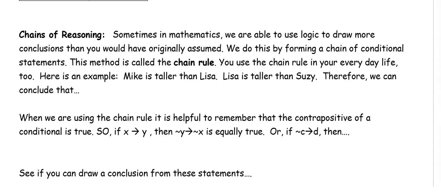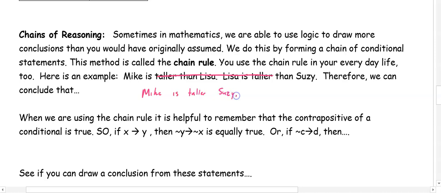Therefore, we can conclude, okay, well, if Mike is taller than Lisa, and Lisa's taller than Susie, that means Mike is taller than Susie. So we're taking out that middle person, Lisa, so that we can connect Mike and Susie by their height.